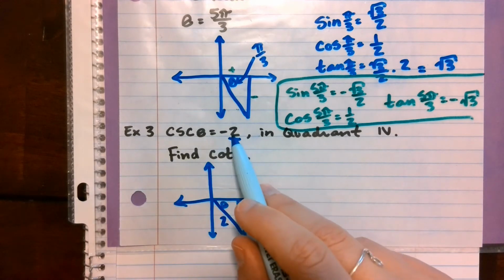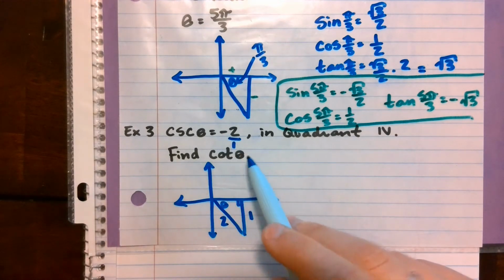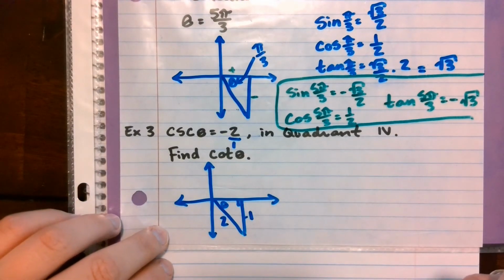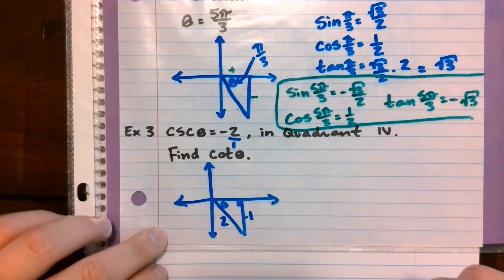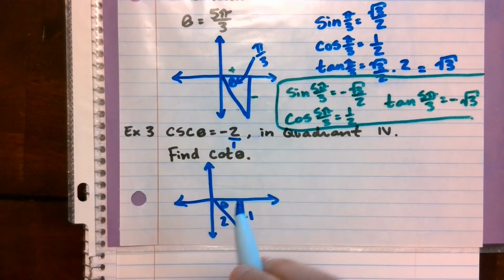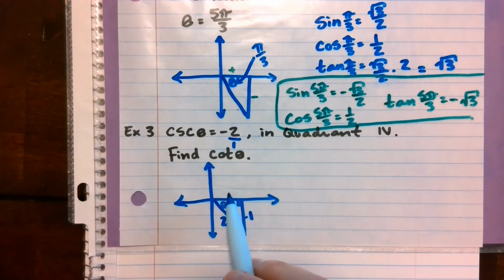So just because I had a -2 doesn't mean that the hypotenuse is negative, because remember our hypotenuse is not negative. But that negative could apply to the denominator, which it does, because that y value would have to be negative in the 4th quadrant. We do know that our x value here is going to be positive, but we do need to find it because cotangent is going to involve that x value.